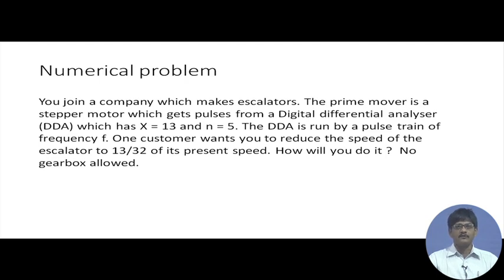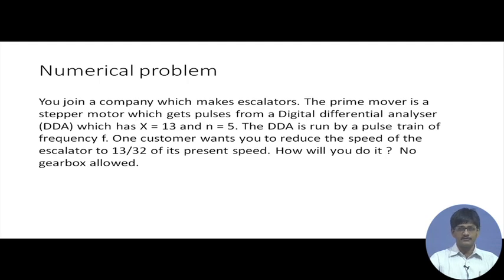In this particular configuration, the DDA is sending pulses to the stepper motor at a definite rate, and there is a pulse frequency which is input to the DDA, that is f. The DDA is run by a pulse train of frequency f. One customer wants you to reduce the speed of the escalator to 13 by 32nd of its present speed.